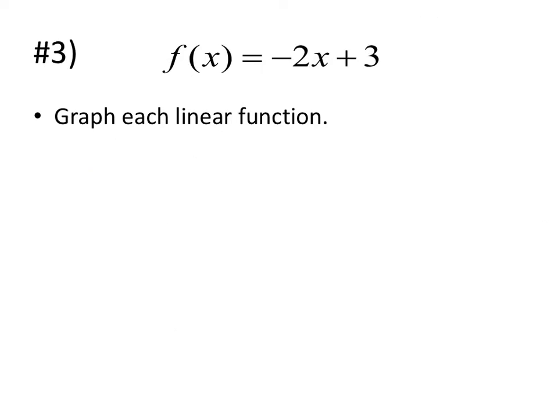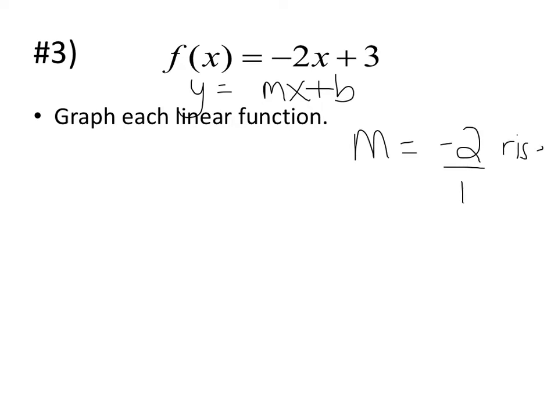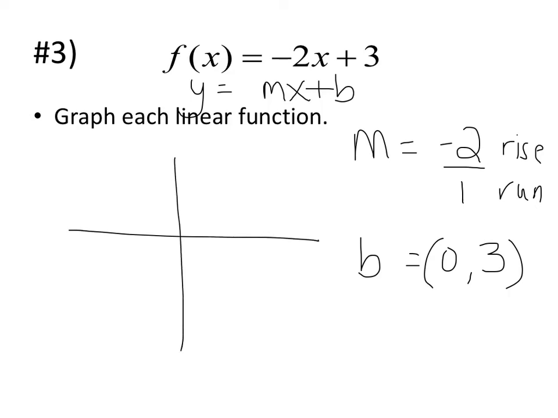Okay, same thing here. Y equals mx plus b. So my slope is -2 over 1 again. So remember, rise over run. And my b is 3. But remember, you're always going to put a 0 in front of it. So I'm going to graph this, x and y.